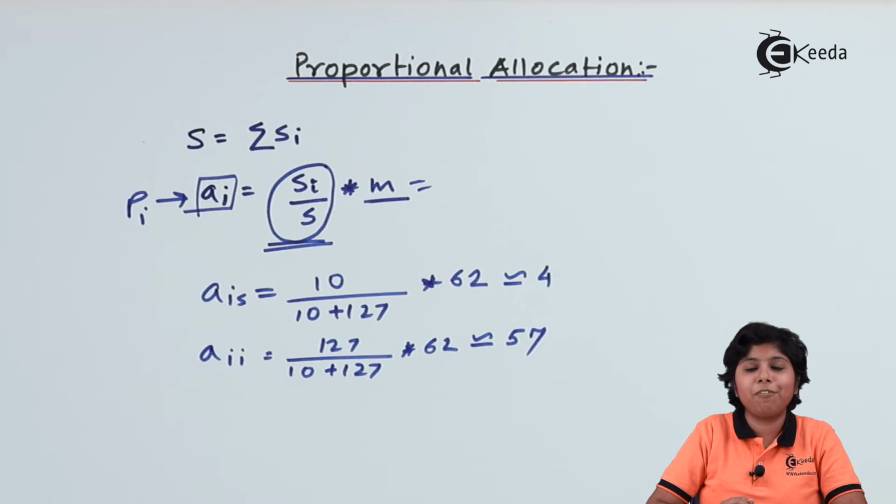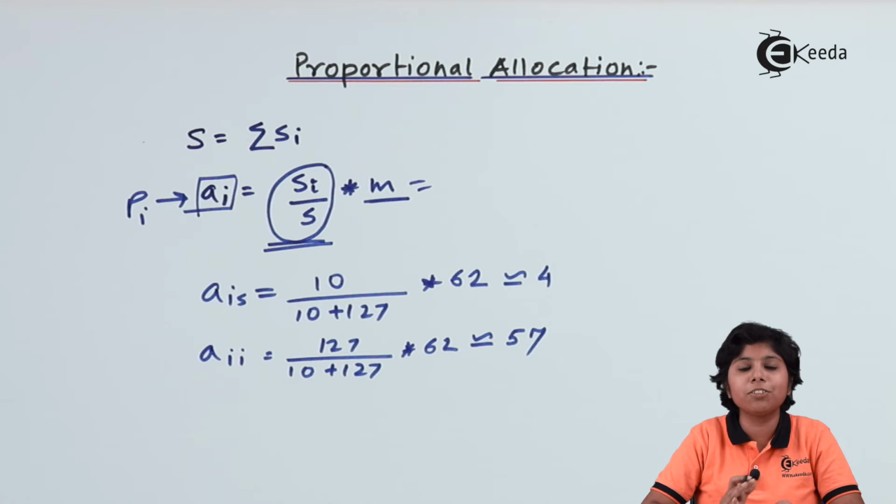Here we define ai s as the student process and ai i as the interactive process. Now every process gets a share of the frames according to its size, not an equal number of frames.